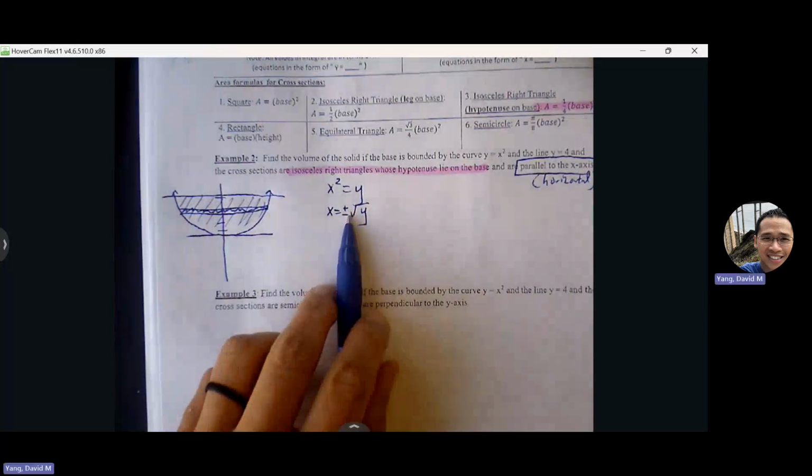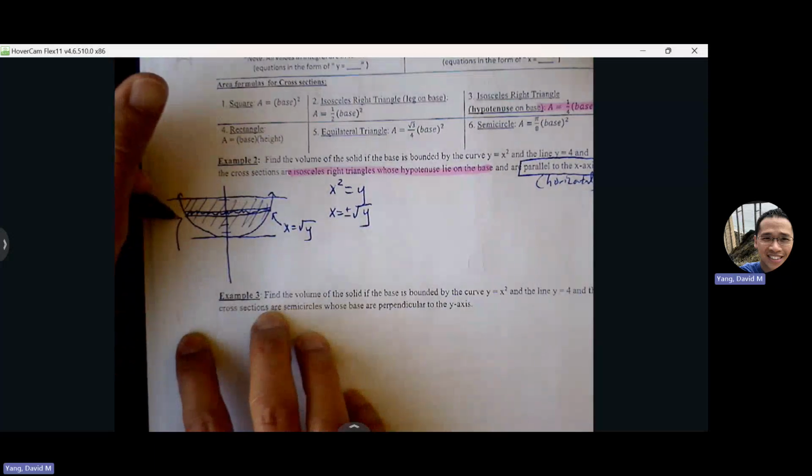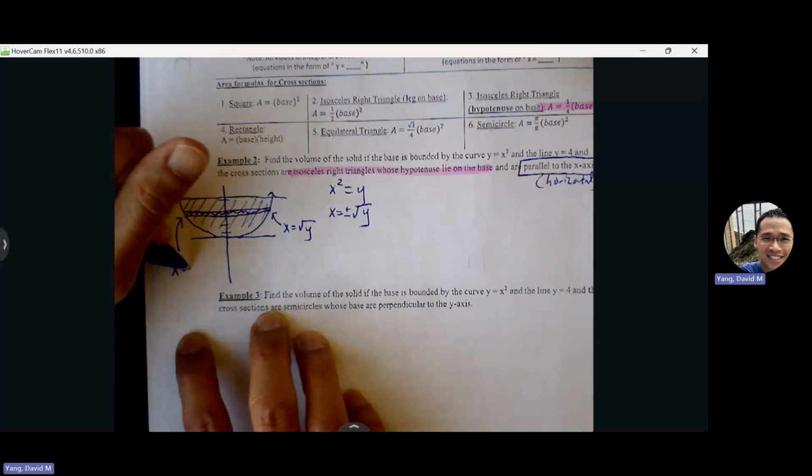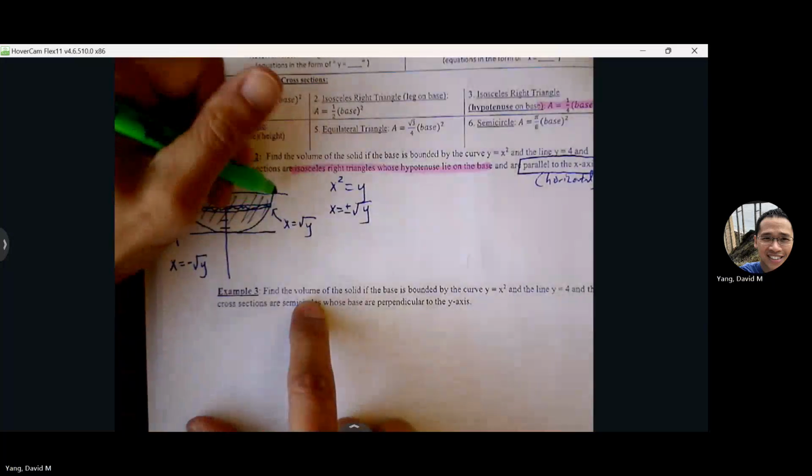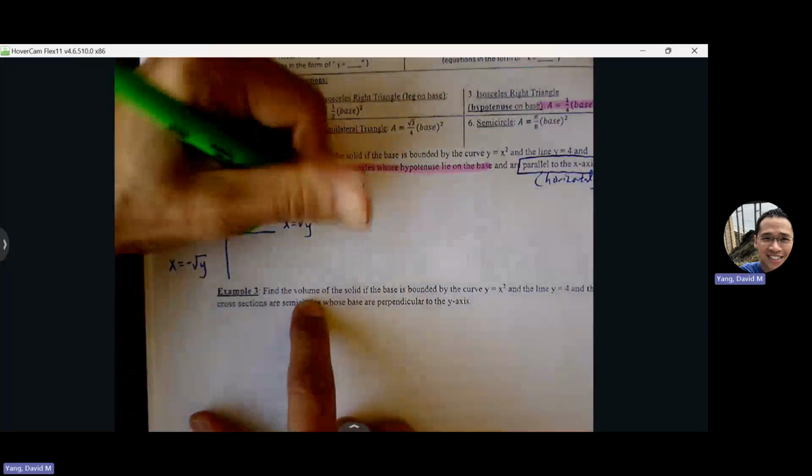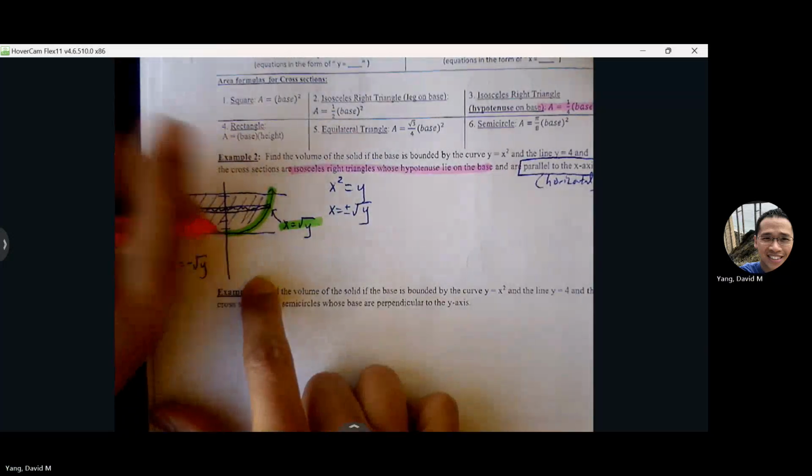If I solve for x, I get plus or minus the square root of y. So this is where the 2 equations come into play. We have the positive square root, which is in the first quadrant, and the negative square root, which is in the second quadrant. So this side is x equals root y, and the other side here is x equals negative root y.